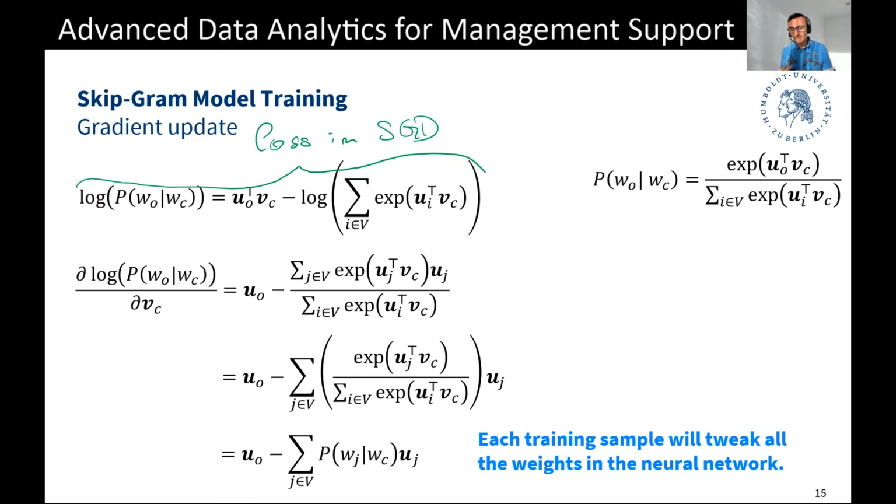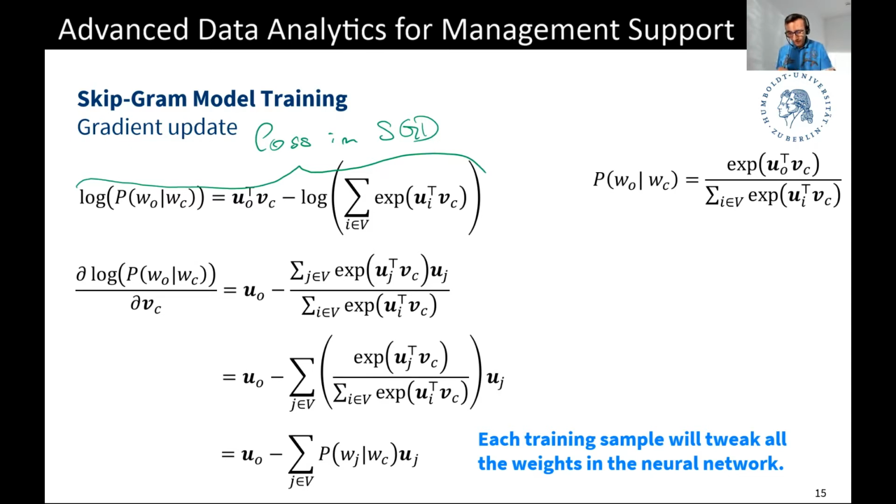Essentially, what that means is that, considering a stochastic gradient descent case, we are updating the weights after seeing a single training example.